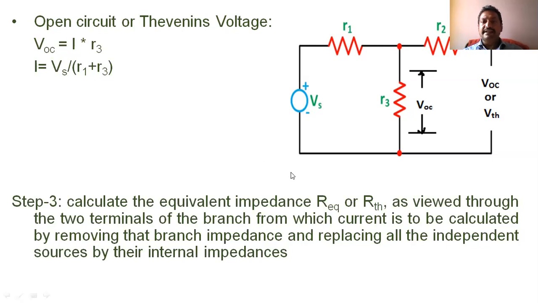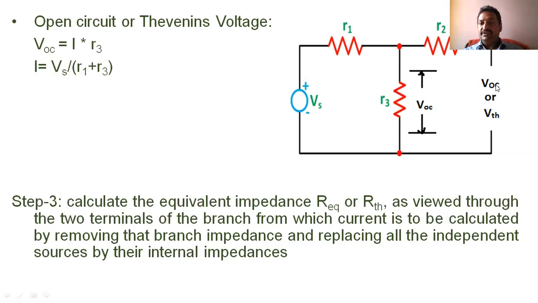In step 3, we calculate the equivalent resistance, also called the Thevenin's resistance, as viewed through the open circuited terminals of the branch in which current is to be calculated, by removing that impedance and replacing all independent sources by their internal resistance.